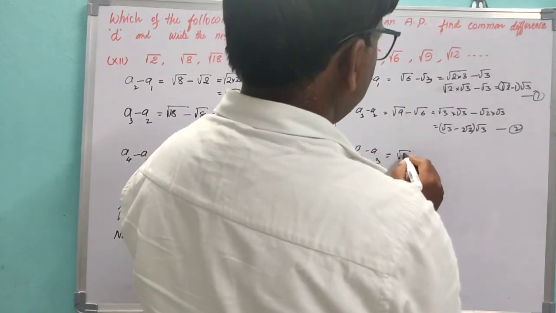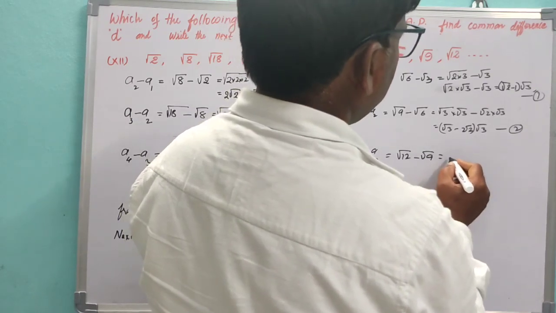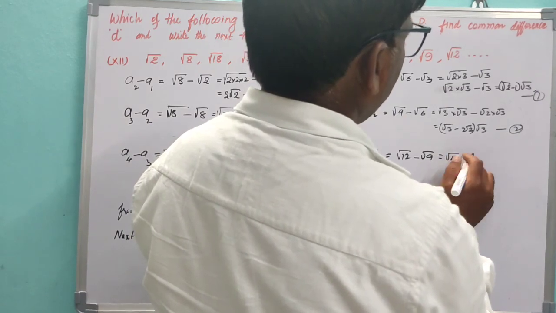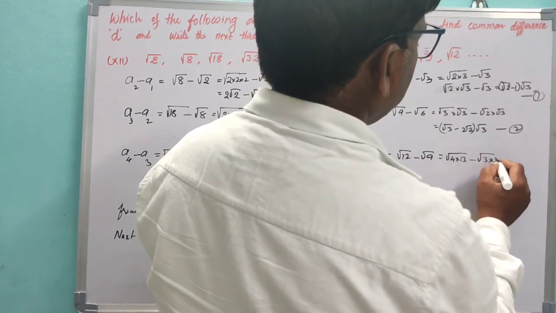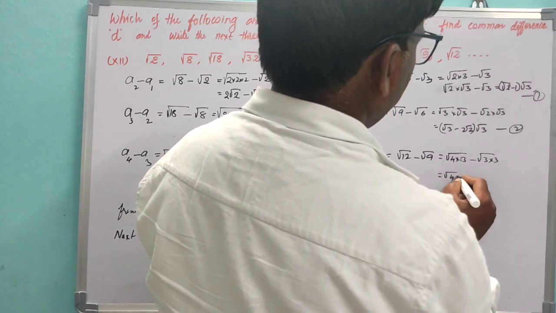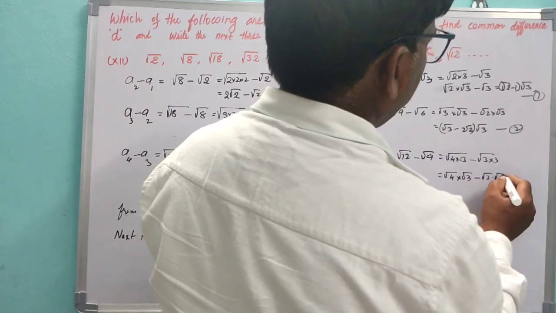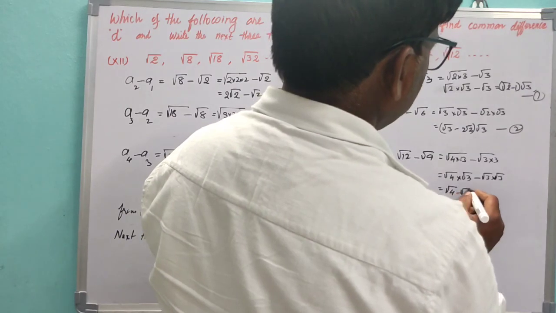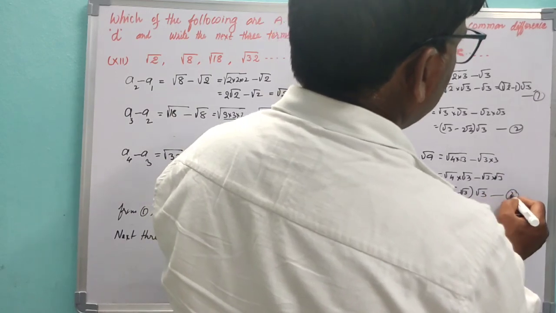This is under root 12 minus, and a3 is under root 9. So under root 12 can be written as 4 into 3, and this is 3 into 3, so root 4 into root 3 minus root 3 into root 3, which is equal to root 4 minus root 3 into root 3. So this is the third equation.